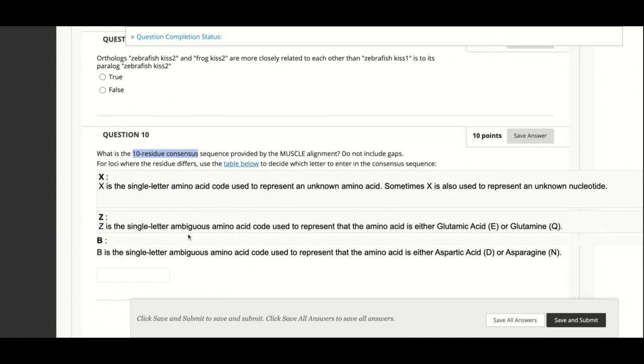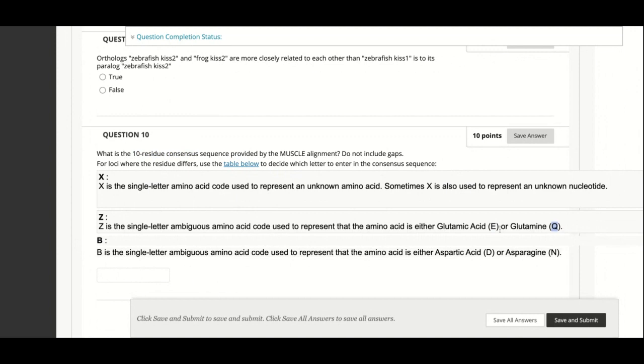Z is if your amino acid represents either glutamic acid or glutamine. So when you're writing the consensus, imagine that at one spot of the sequence some proteins have an E, some proteins have a Q. And you're like, I don't know which one to pick, E or Q. Do I just pick whichever appears the most often?